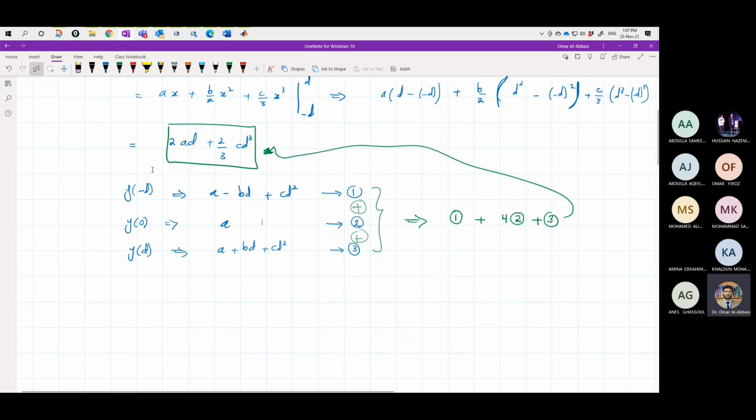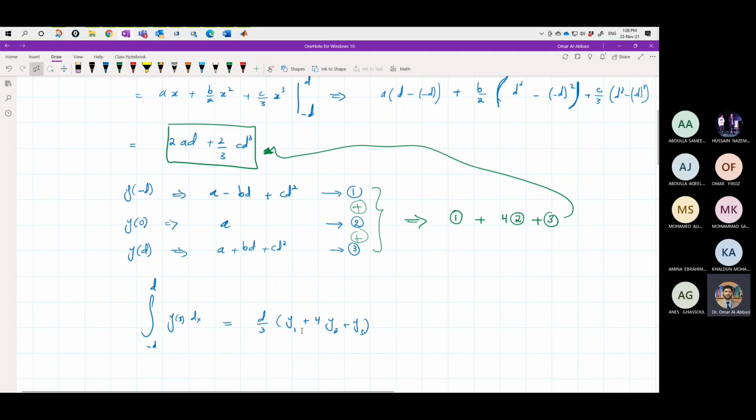Okay, so now let me write it as follows. Integrating y of x dx from minus d to d equals d over 3 times y1 plus 4y2 plus y3, okay?